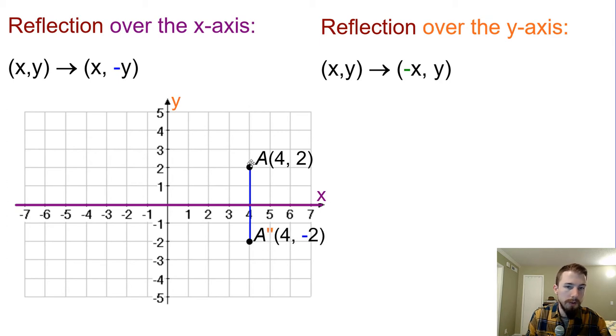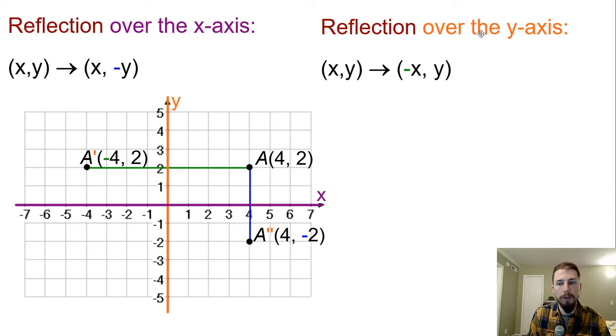Okay, and then reflecting across the y-axis here, looks like we're going over 4, so we go over 4 more to -4, so that's going to be this point right here, and that's going to be A prime, (-4, 2). And then here I'm doing A double prime just to say that it's a different image of a different transformation. Usually we will add more and more as we go, so we would start out with A prime, then we do 2 primes, and then 3, and keep going. Anyway, if it's over the x-axis, the x stays the same, the y becomes opposite.